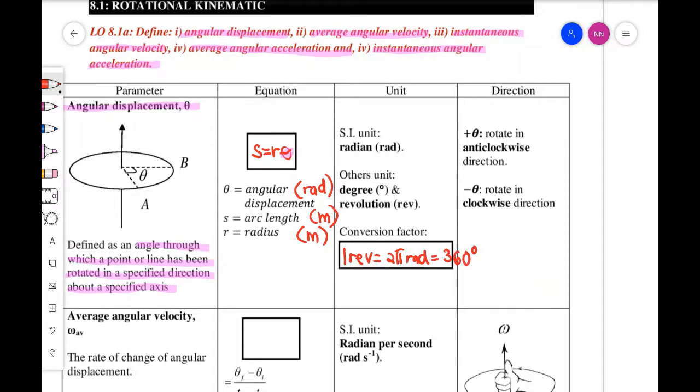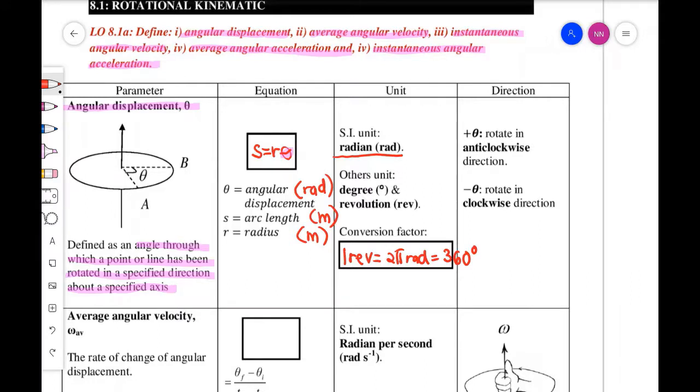These are not SI units, so the SI unit for angular displacement is radian, and we must use radian for theta in the formula S equals R theta.